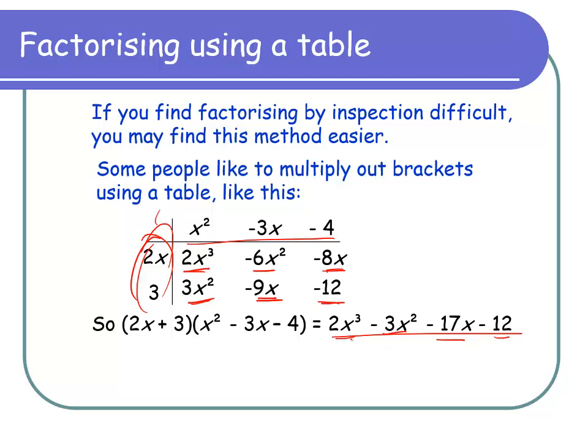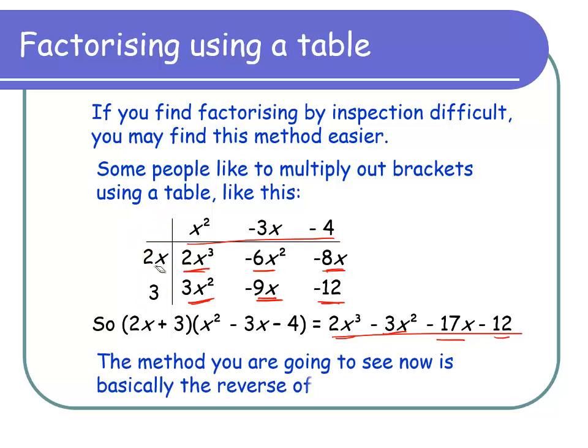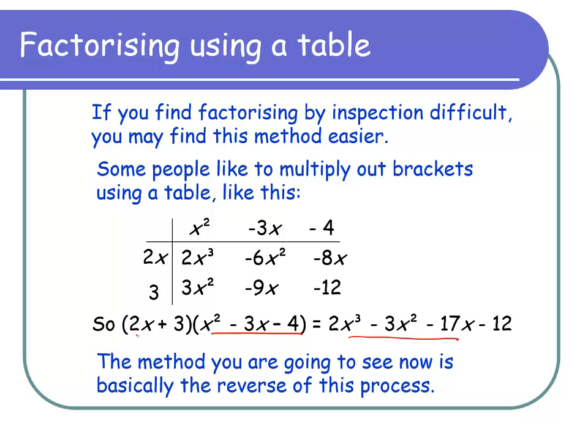So, thinking about that for a moment, we'll be given a cubic polynomial, we'll be given one of the linear factors, and we'll be asked to find what the quadratic factor is.